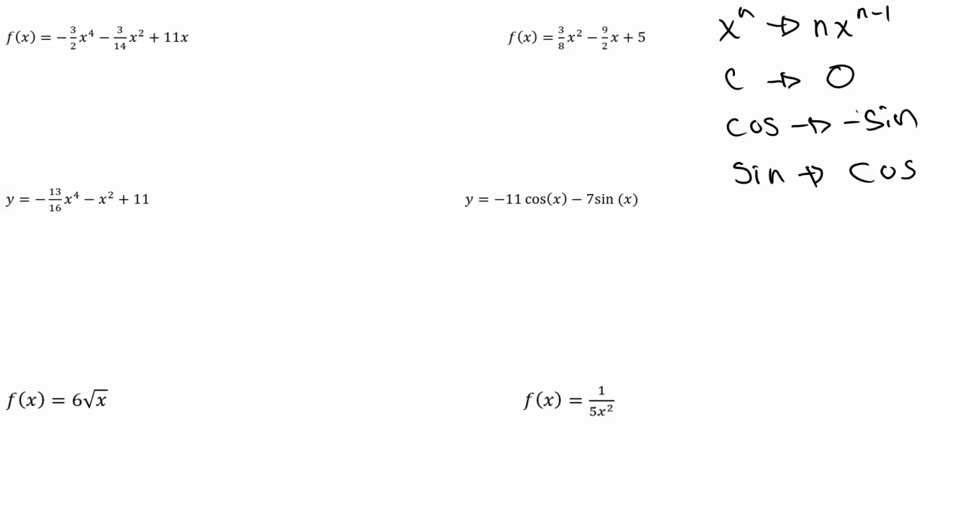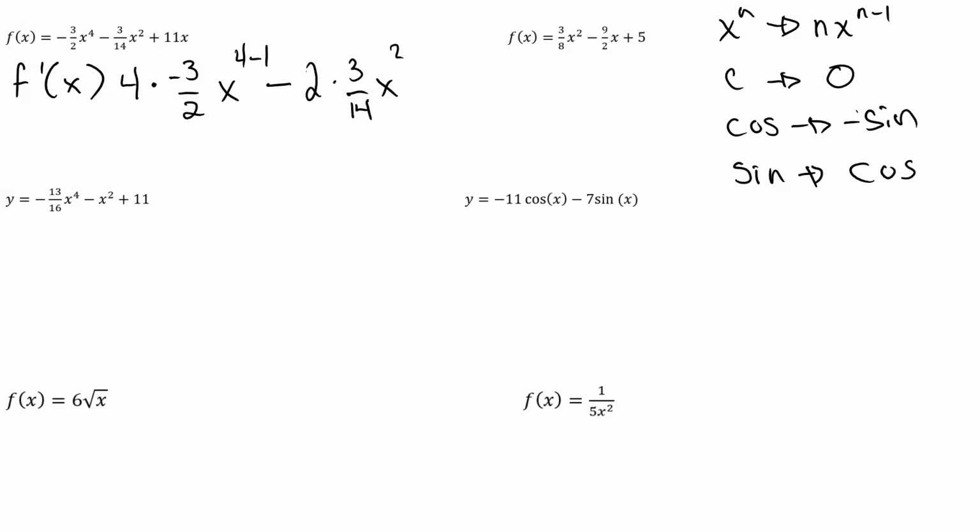Our first one, we've got negative 3/2 x to the 4th. So we take down that 4. We've got 4 times negative 3/2 x to the 4 minus 1 minus, and then my exponent for this next one is 2. So I take that down times the original coefficient, and then I've got plus 1 times 11 x to the 1 minus 1.